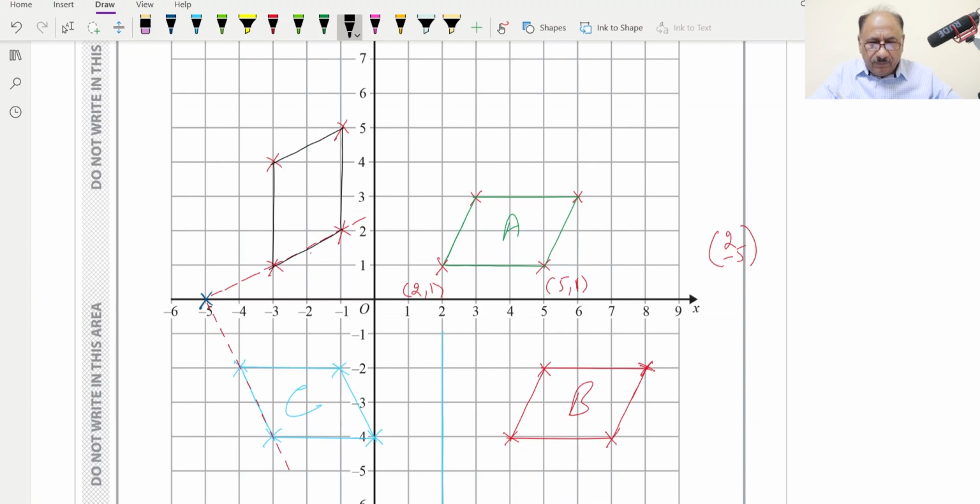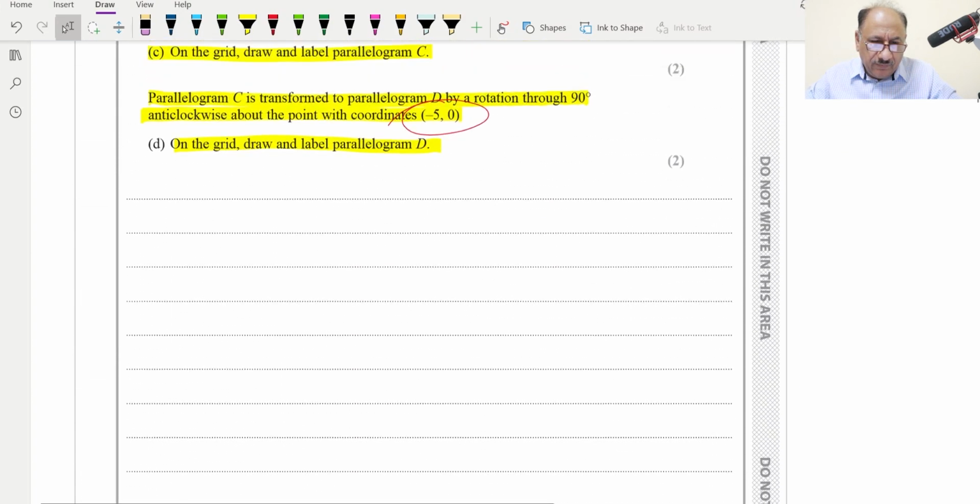This is done. Okay, so this is our D, which is rotated through 90-degree anti-clockwise. And with this last part, we are done with this question.